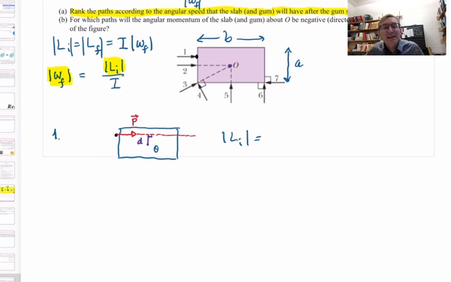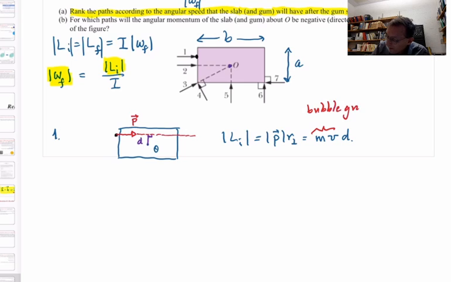I can see that little d is less than A over 2. A is the width of the rectangle. So this is magnitude P times R perp. That's mvd, where m is the mass of the bubble gum, v is the initial speed of the bubble gum. Remember, that product is the same in all 7 experiments.